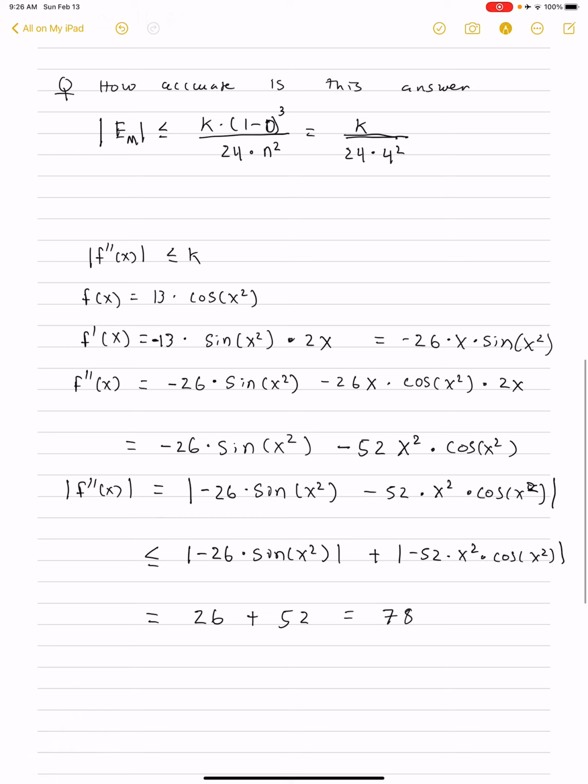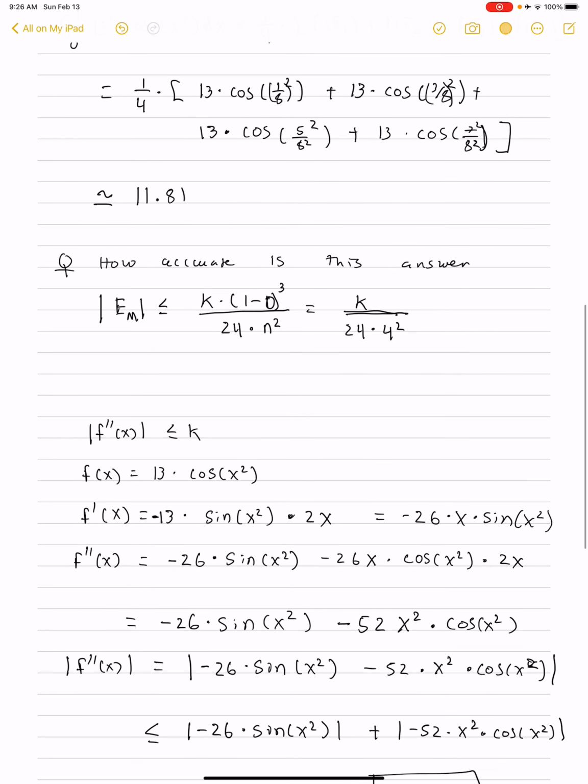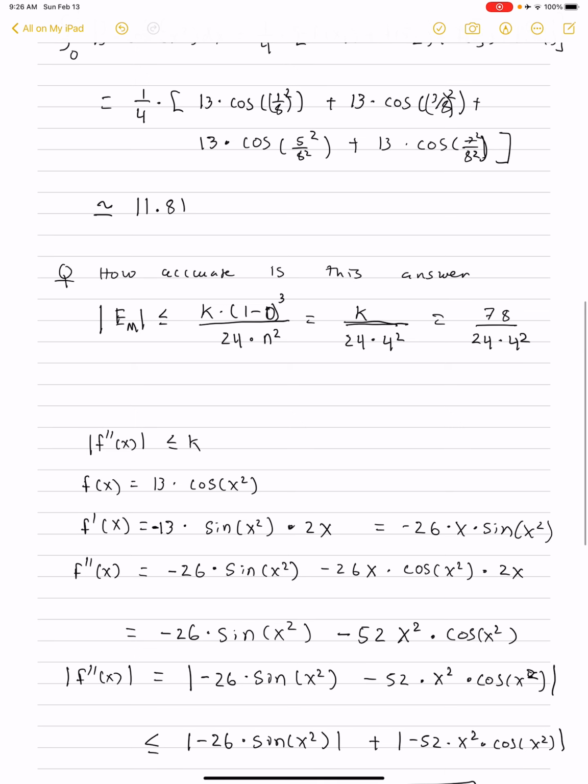Now, this isn't necessarily the only upper bound, but I'm going to use that value of k here, and I'm going to get 78 over 24 times 4 squared. And now I just need to type that into my calculator. That will be approximately 0.2.